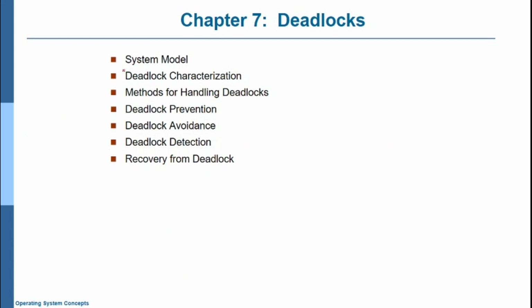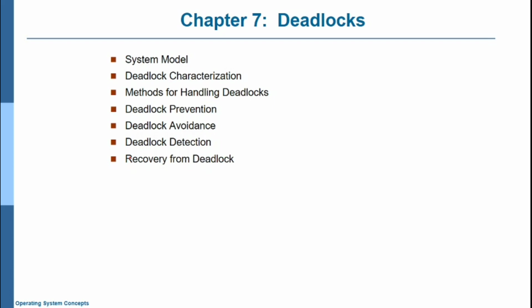Module 3 covers system models, deadlock characterization, methods for handling deadlocks, deadlock prevention, deadlock avoidance, deadlock detection, and recovery from deadlocks. So these are the topics that we'll cover in the third module, first chapter.